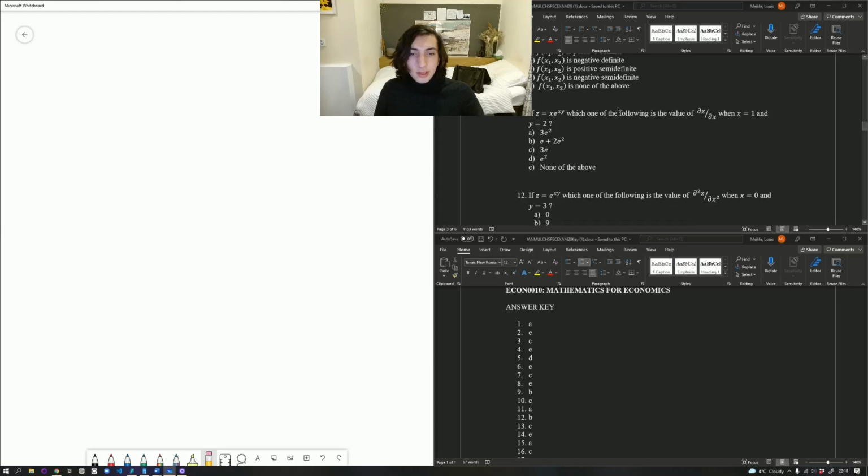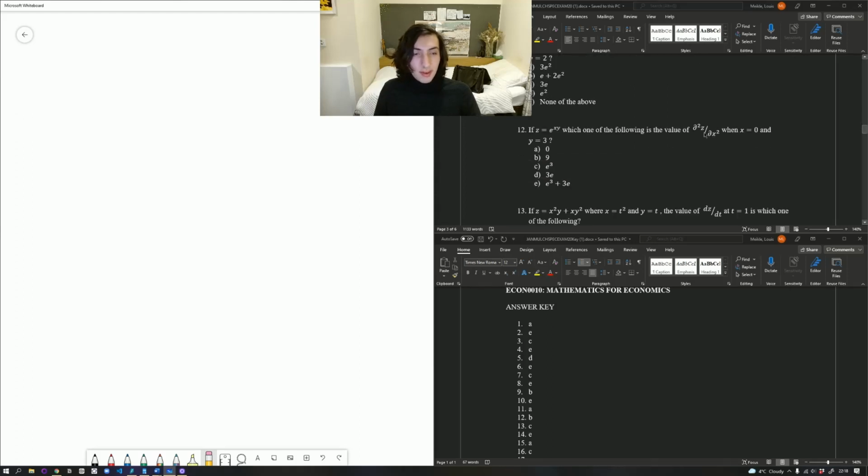Okay, now we want to figure out the value of the second derivative. What happens if we do a second derivative of this function, which is equal to e to the power of xy? It's a partial derivative, do excuse me. If we're partially deriving by x, we do the same thing we did before: treat y as a constant.